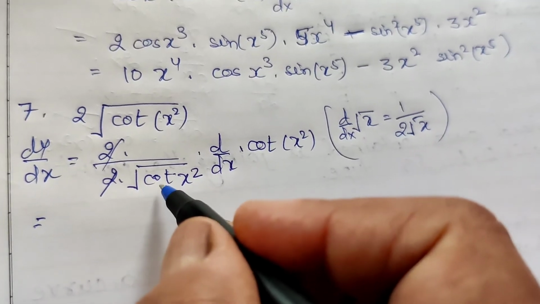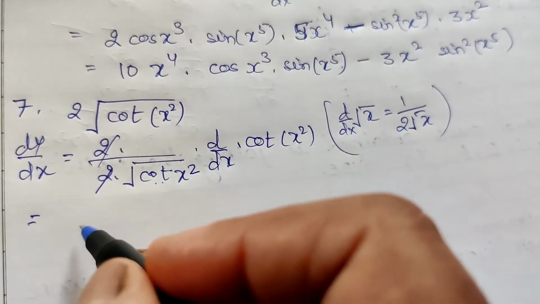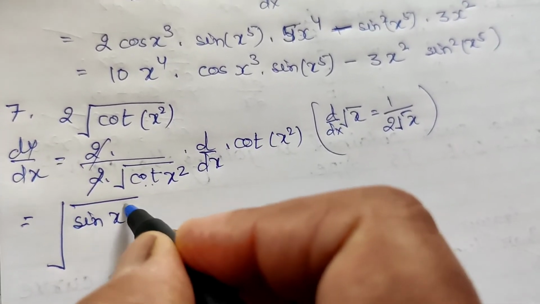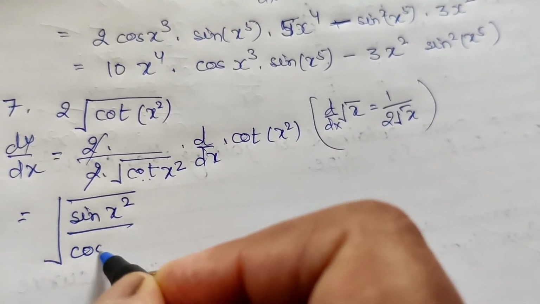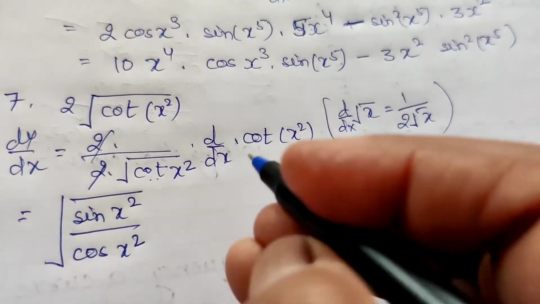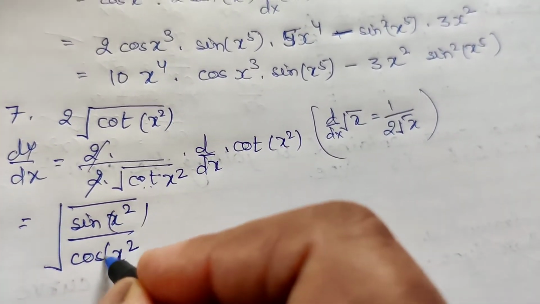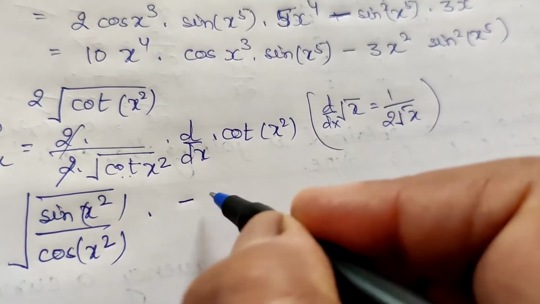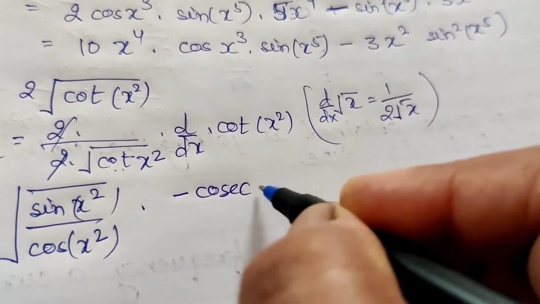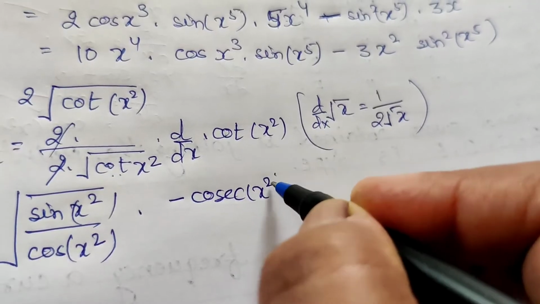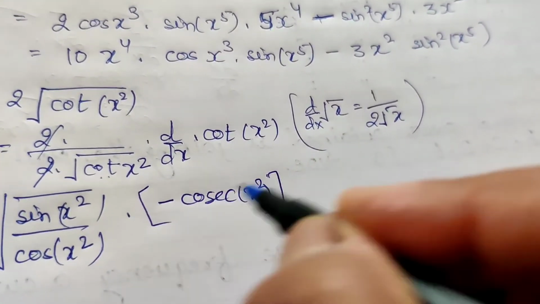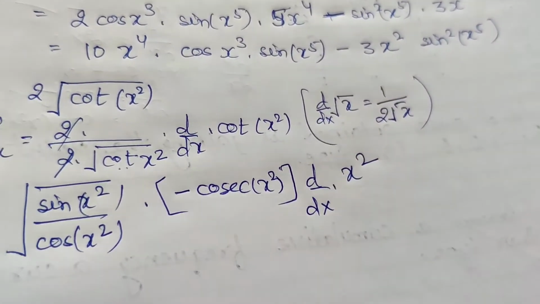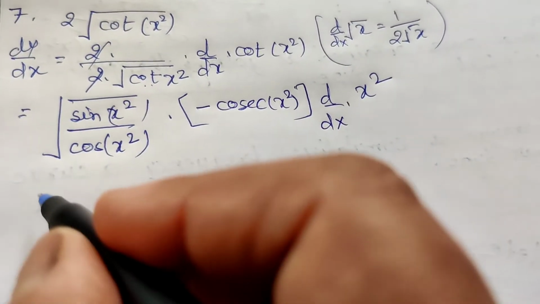Cot x square we can write as cos x square by sin x square, so under root sin x square by cos x square. Write in bracket. Now d over dx of cot x square: differentiation of cot is minus cosec x square, and d over dx of x square is 2x.